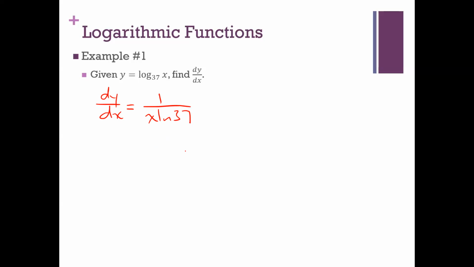And that's pretty much it. It's going to be 1 over x, and then basically times 1 over the natural log of whatever the base is. Any questions there?